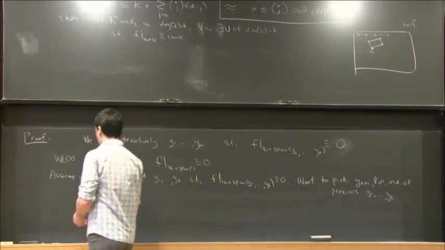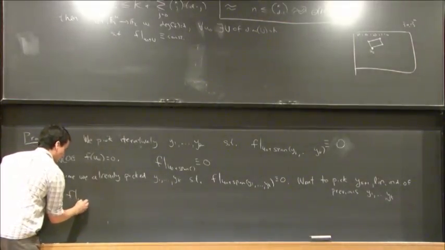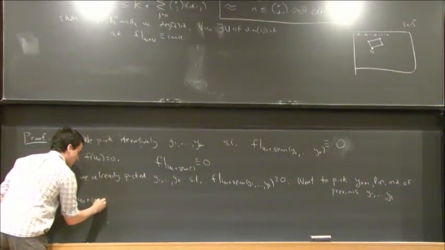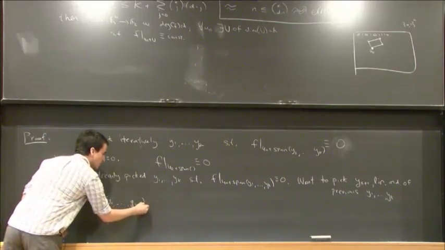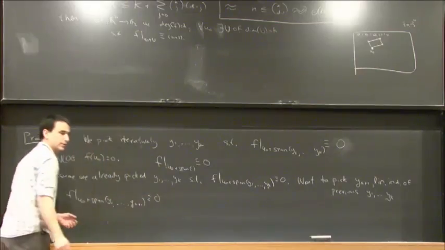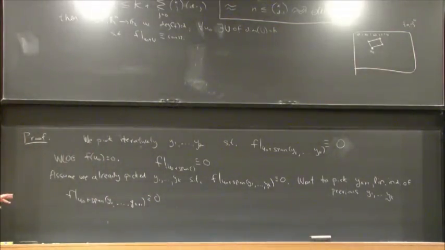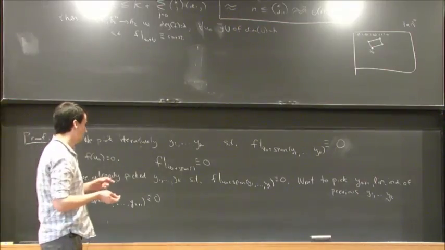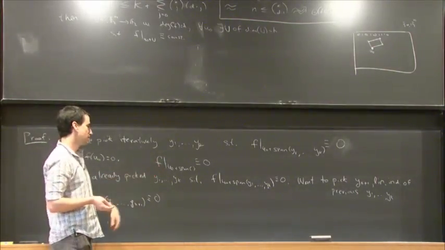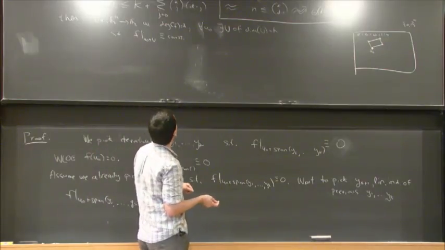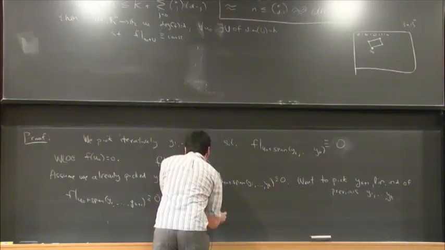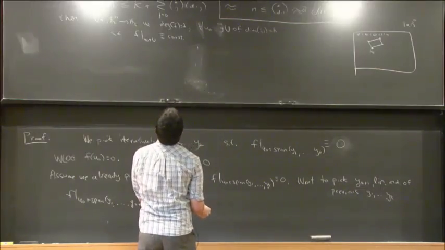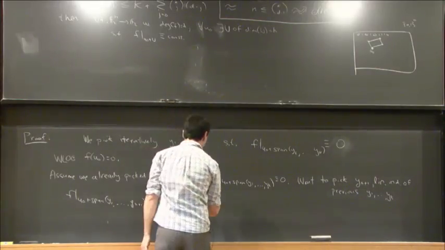And we also want that f on u0 plus span of y1 up till yk plus 1 will be 0. Okay, so this is what we do. We'll be able to find such a yk plus 1 as long as the following equation holds, so we'll take the opposite of this.